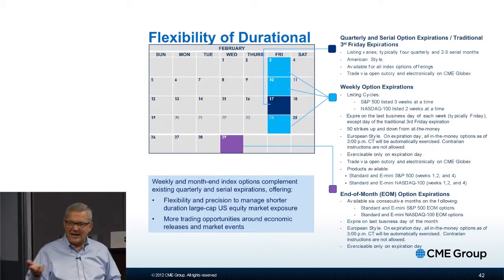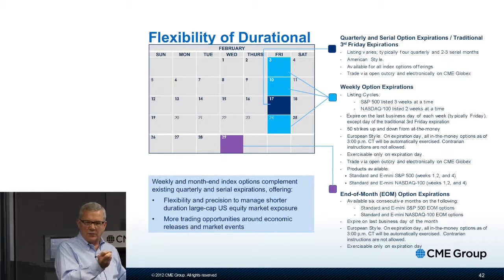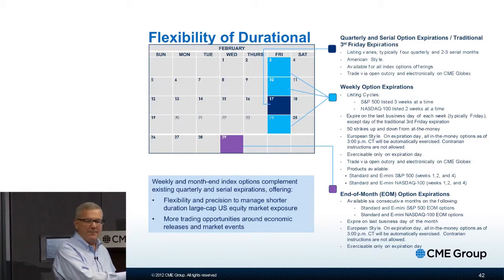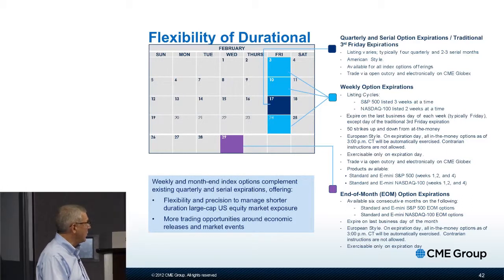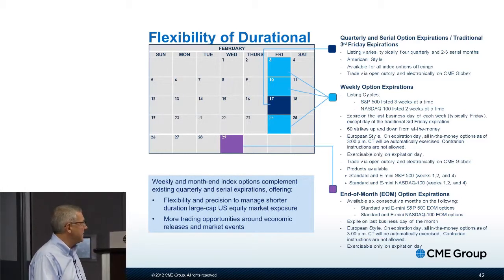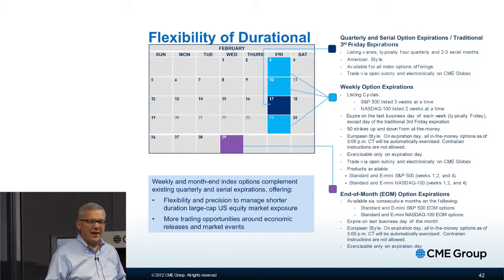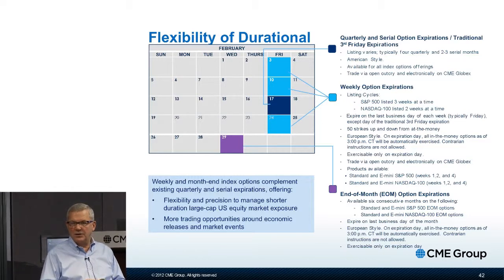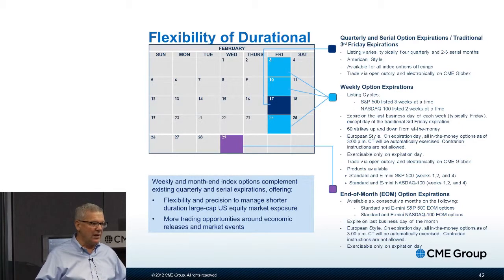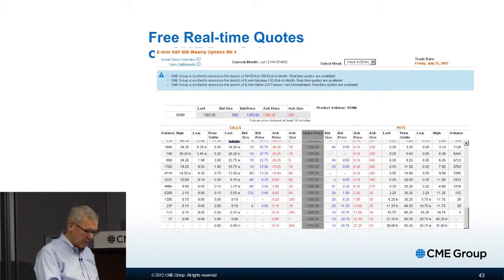And to Dave's point, a lot of these people trade 1 or 2 days ahead of time anyway with our weeklies or our month-ends. So we have pretty good coverage on the expiration cycle, which from my perspective simply explodes the spreading opportunities geometrically, which makes for better opportunities for everybody.